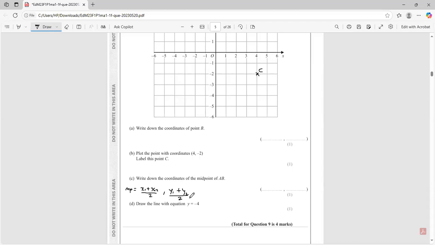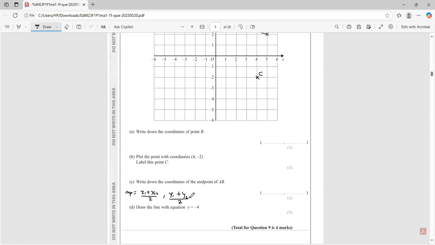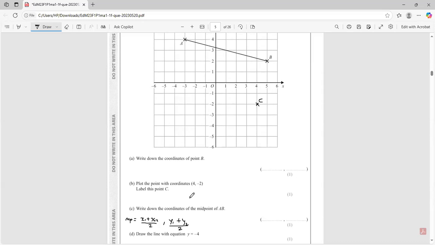Yes. Okay, so it's easy. From this point on, all we need to do is substitute. You can think of x1 as the x coordinate of A and x2 as the x coordinate of B. Just pick them from the graph. The x coordinate of A is -3, and the x coordinate of B is 5.